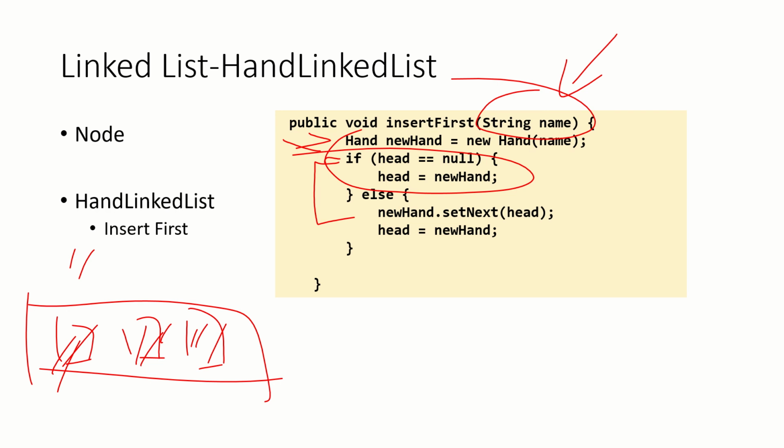What does the else tell us? The else says yes, there's something in the linked list. We already have a head, which means as a list we have at least one node. Then this new hand will set next. What's set next?